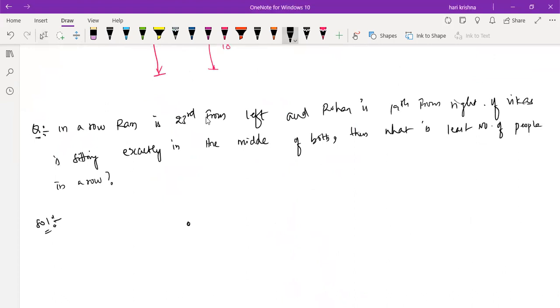So if you take Ram, it is 23rd. Sir, since it says the minimum value, can we take it as there is nobody in between? They are in order. Ram, then Vikas, then Rohan. Since that would be the minimum. Okay. So Rohan is 19th from the right. Take it like this.